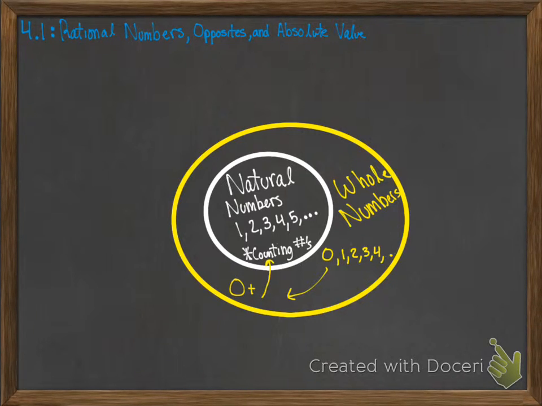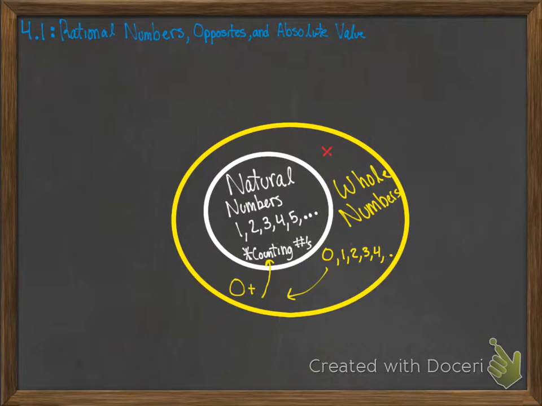And notice how I'm making these circles one around each other. It's kind of like a Venn diagram, but one circle is completely inside the other. So all the natural numbers are inside the whole numbers. So if a number is a natural number, it has to be a whole number. Now you could have a whole number that's not a natural number, right? Let's say you have that x, whatever, that represents some point on here.